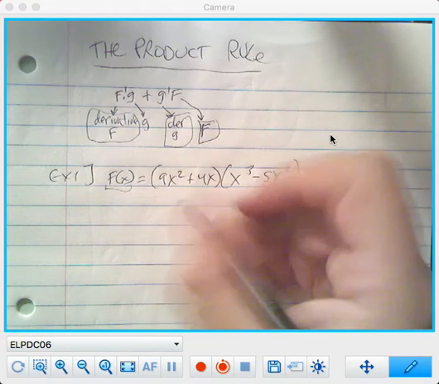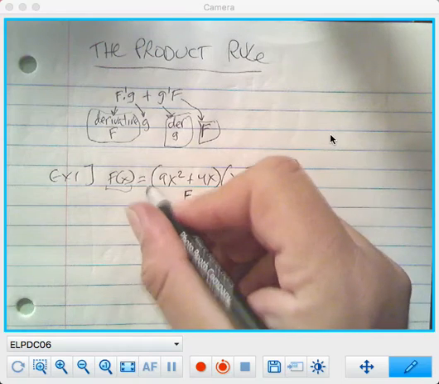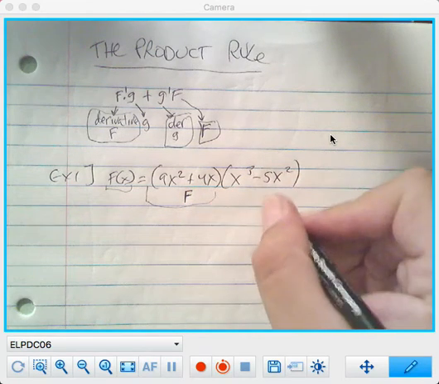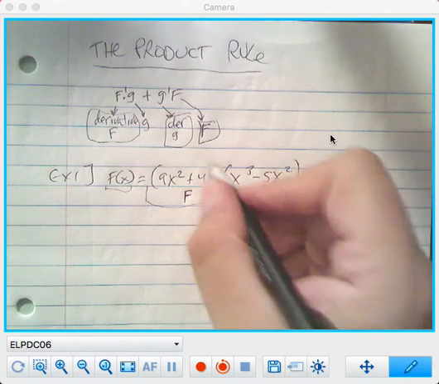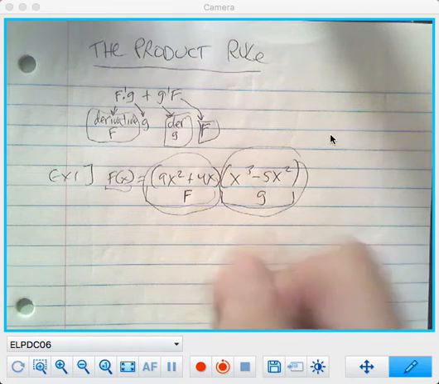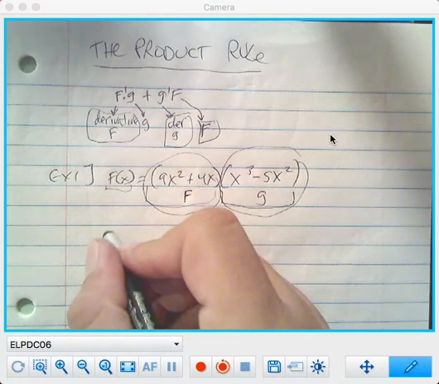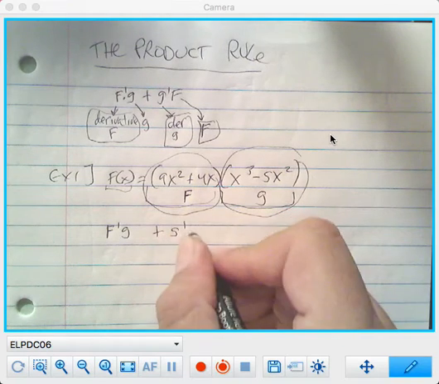This is what we mean: we're going to call this function f, and this thing we're going to call g. So this is our f and this is our g. For every problem, what I like to do is copy the formula: f prime g plus g prime f.